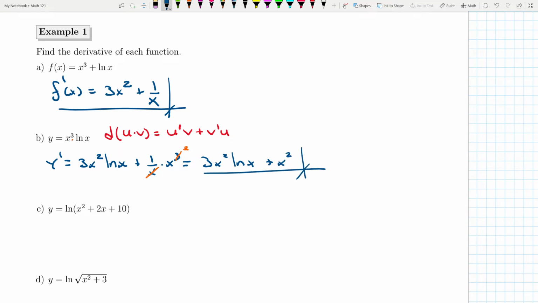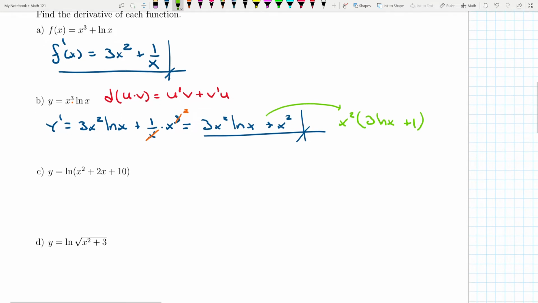Of course, you could factor out the x squared if you prefer. That's fine. Just in case, why not? Let's go ahead and do that. Like x squared times 3 ln x plus 1. That's another way to write this answer, either way.